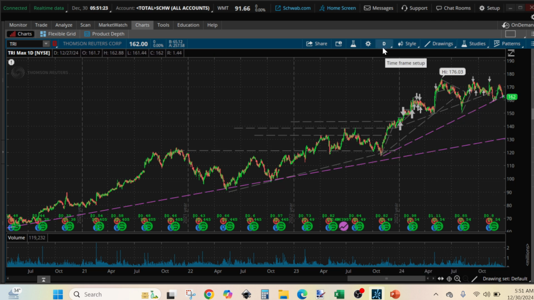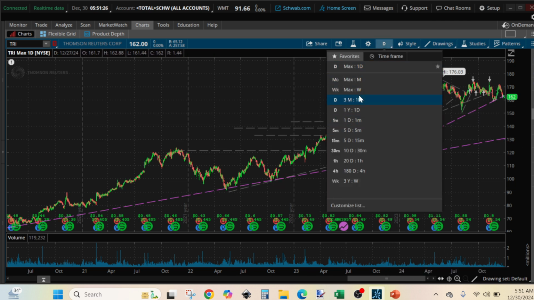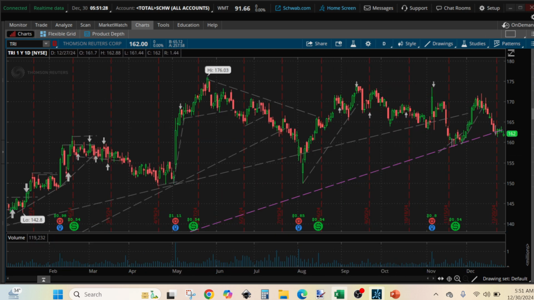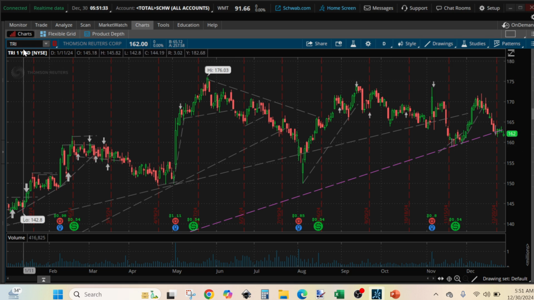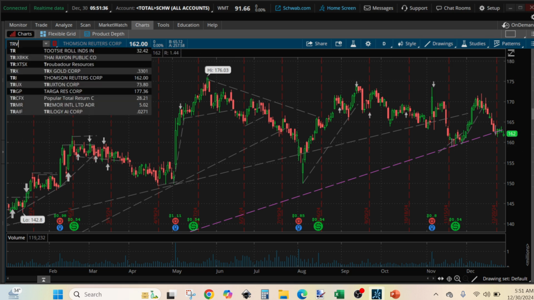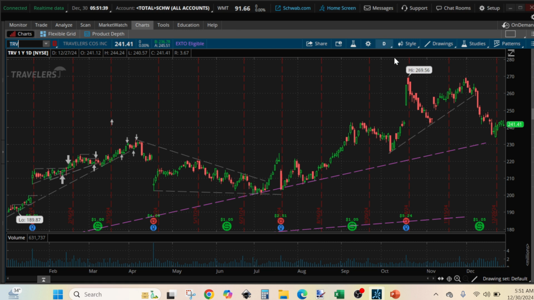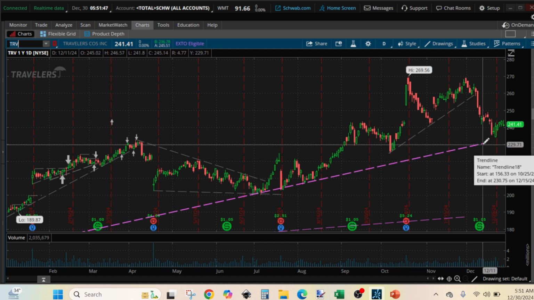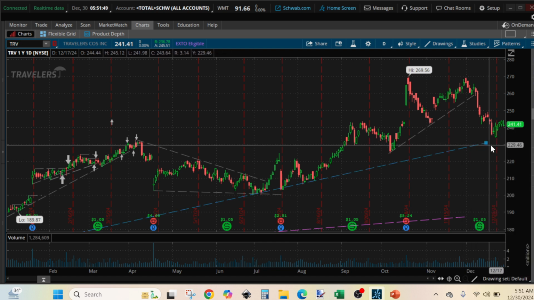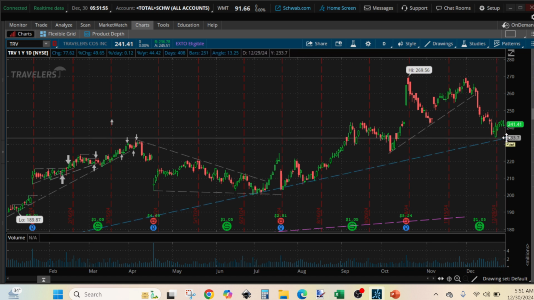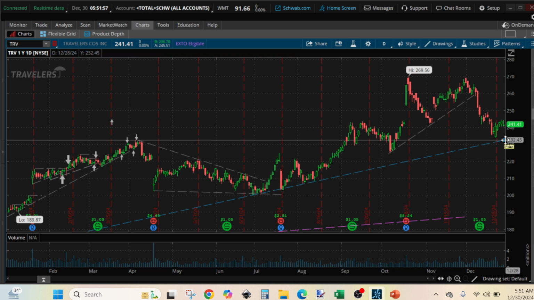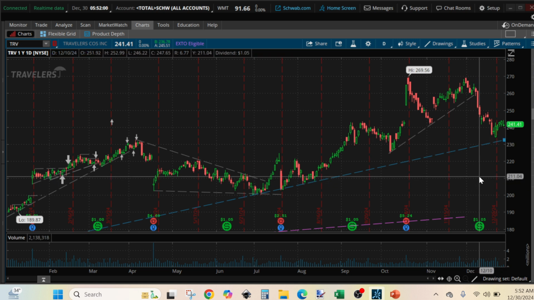Okay, let's go back to 1 year daily chart. TRV. So TRV is touching it and starting to go up from there, but I'm not seeing a pullback yet to see if it's going to continue going up from there or not.